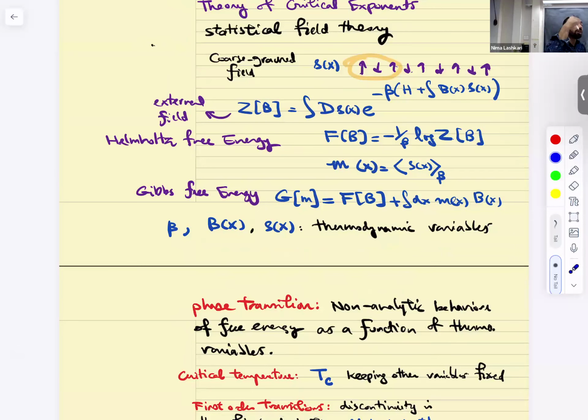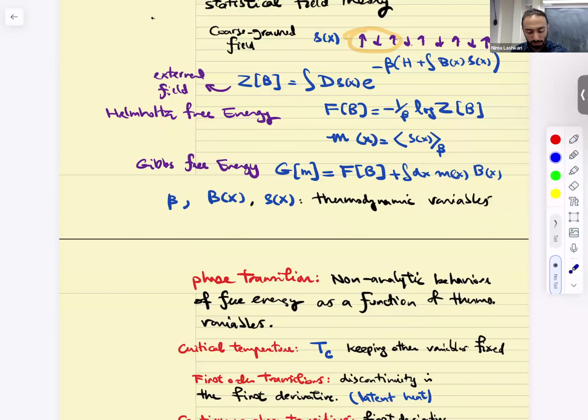Key is non-analyticity in the thermodynamic behavior as a function of beta, right? Once we tune beta, or if there are other couplings, to some critical value T of C, the partition function blows up, right? Log of the partition function will have non-analytic behavior, right? And so do correlation functions.